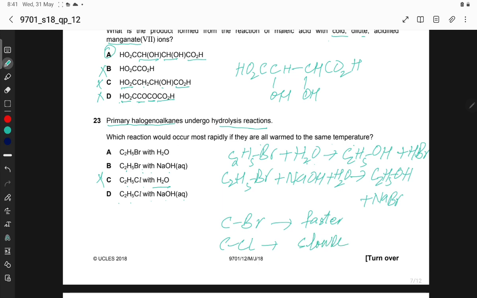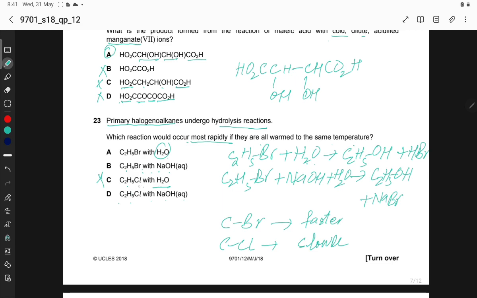So, in the question, which would occur most rapidly? Ethanol is formed with this reaction also, but water is a weak nucleophile, so that is why this reaction will not occur rapidly. Sodium hydroxide is a strong nucleophile, so that is why it occurs. This reaction will take place rapidly.